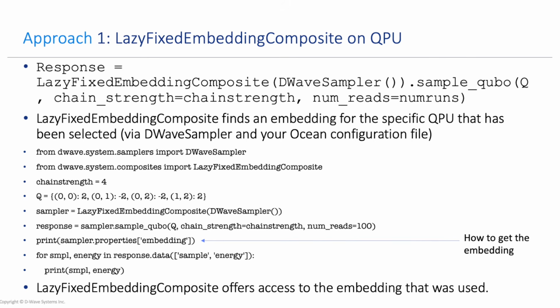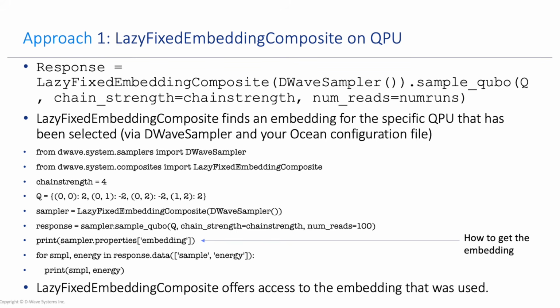In the next line, starting with response, you submit the problem to the quantum computer, the sampler, and it provides the embedding for you beneath the hood, which was taken care of when we called lazy fixed embedding composite. Notice the parameters that are going in there.